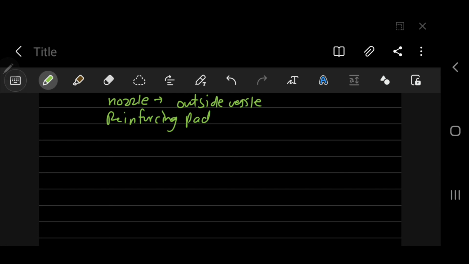Now the last topic is support for pressure vessel. In our syllabus there are two types of pressure vessel, vertical and horizontal.